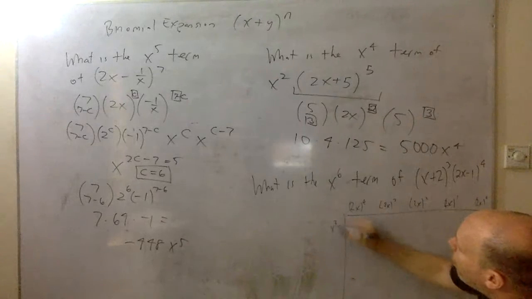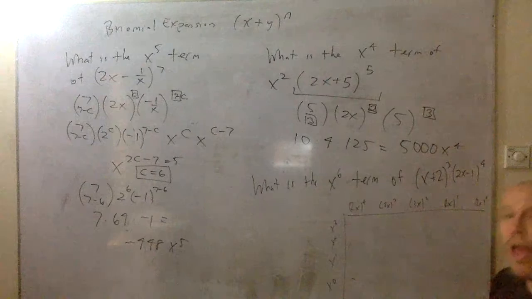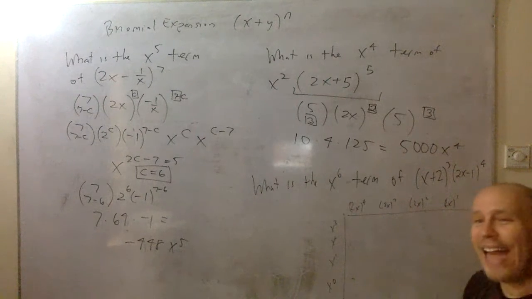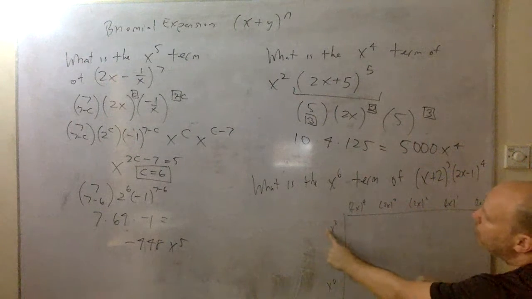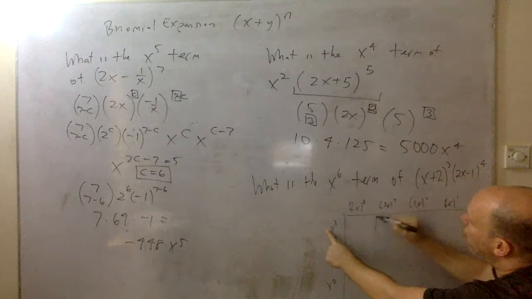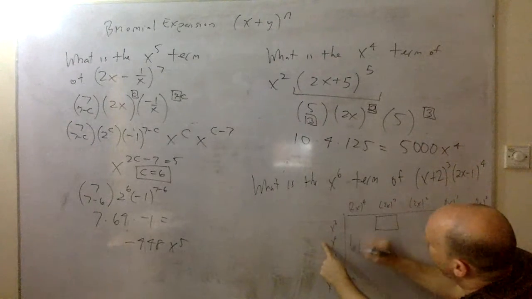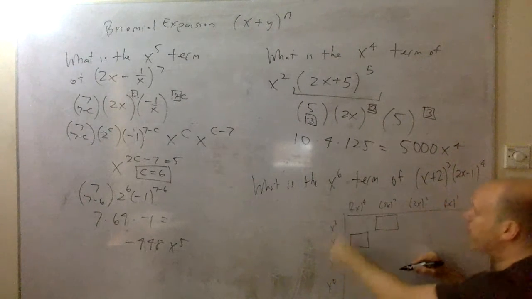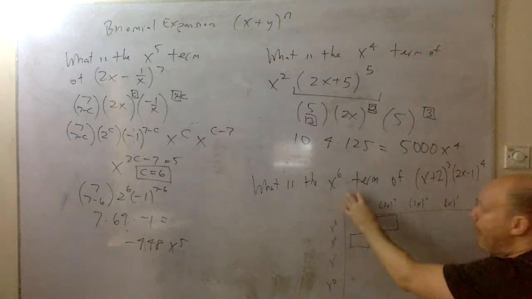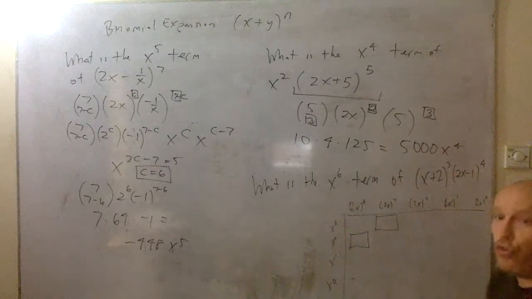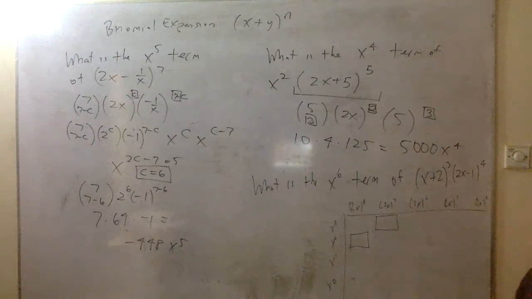This is x to the third, x squared, x, and x to the 0. I need the x to the sixth term. x to the third times x to the third gives me the 6, and x to the fourth times x squared gets me the 6. So I figure this out and multiply by that, and then this and multiply by that. You could do that and run the numbers if you wanted to do old school.